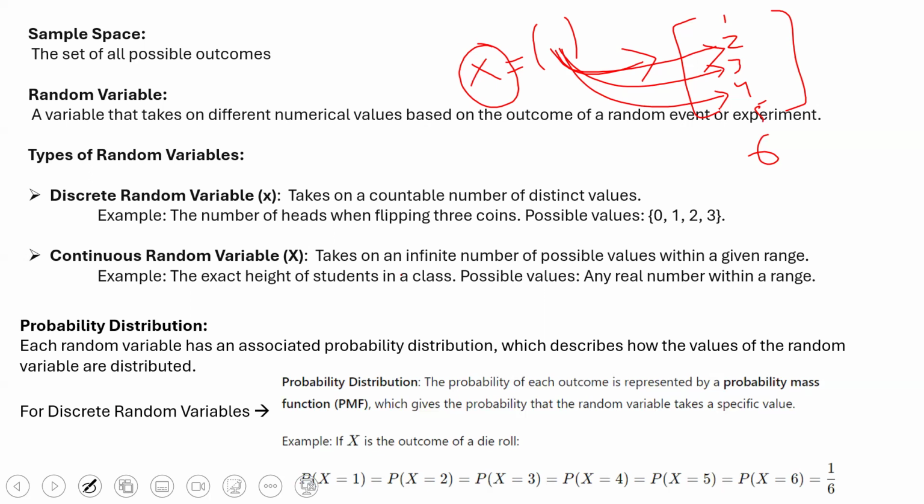Now let me ask questions one after the other. Suppose I take the temperature of a room, will that fall under a continuous random variable or a discrete random variable? Continuous.